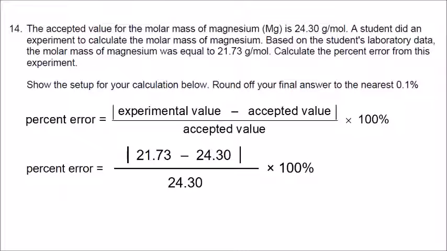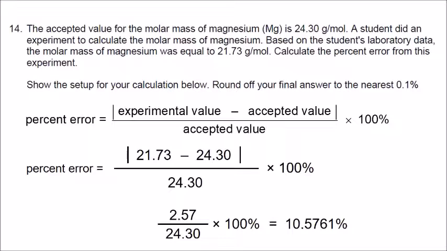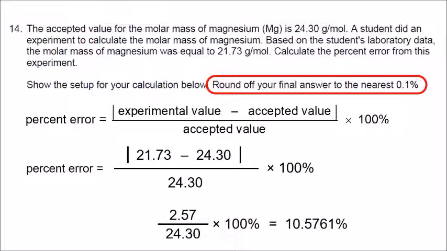So if we do this math on our calculator, we get a difference of 2.57 when we take the absolute value, so we ignore the negative sign, divided by 24.30 and then times 100. On our calculator, we get 10.5761, but it said round off your final answer to the nearest 0.1%. Let's call this 10.6% error.